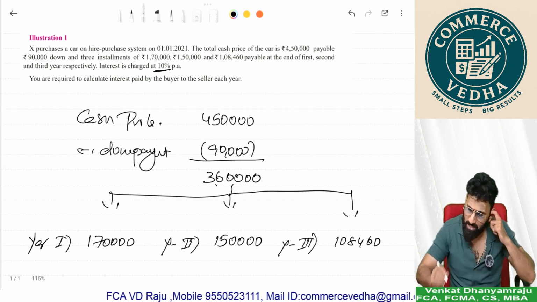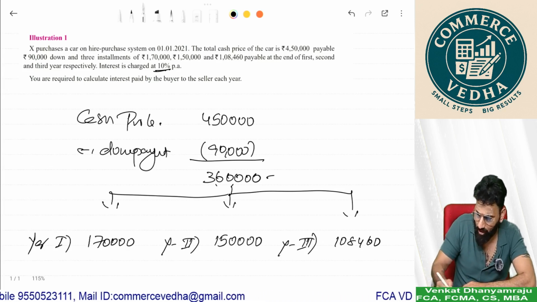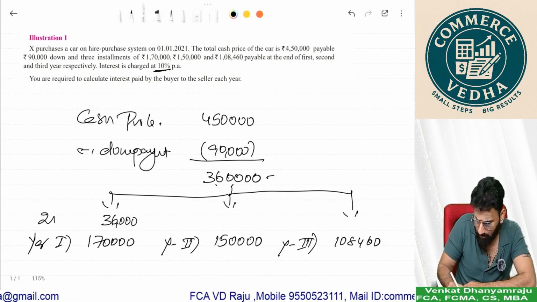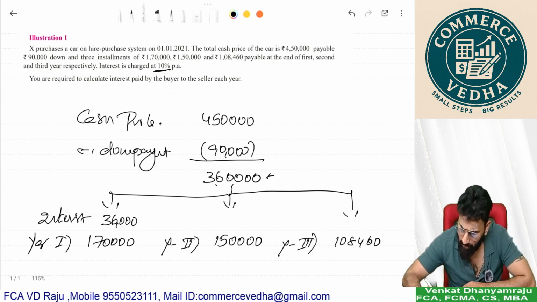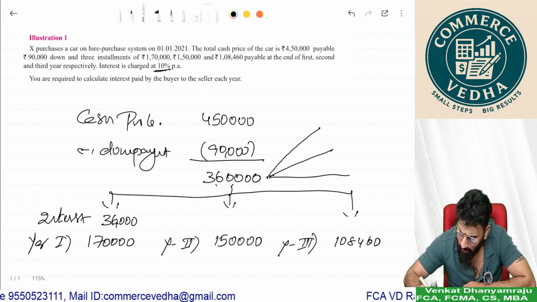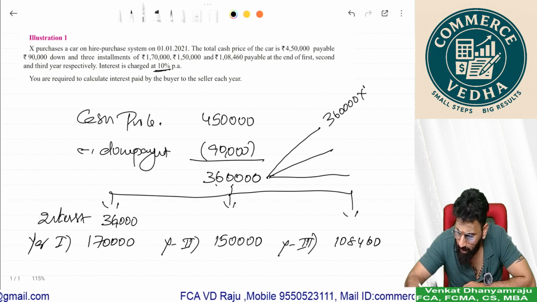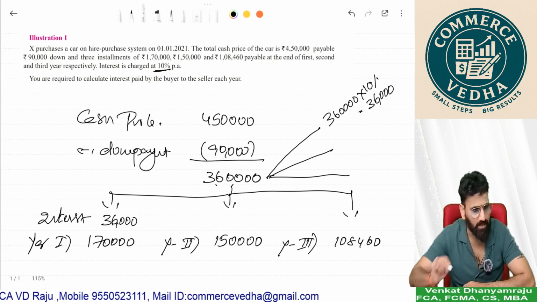Now in the first year the principal due is 360 and 10% on 360, the interest is 36,000. First year, 3,60,000 is the principal, 10% due, first year interest is 36,000.